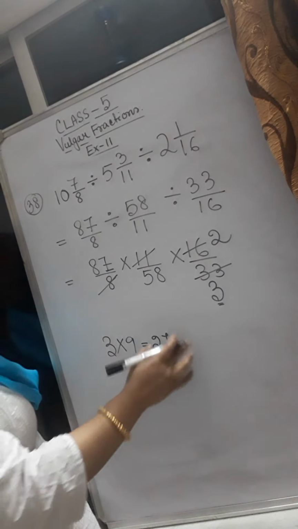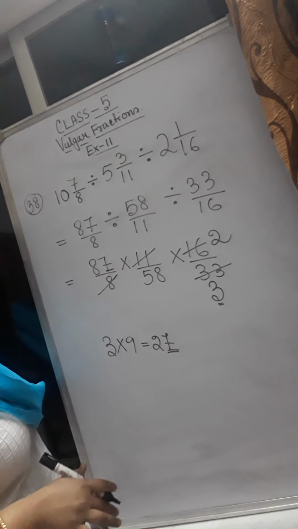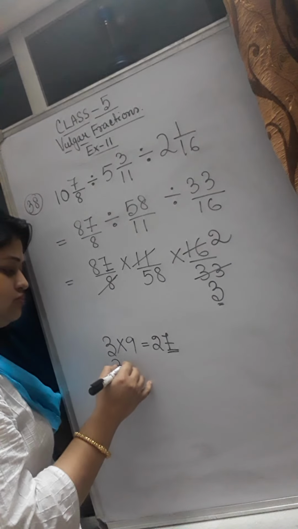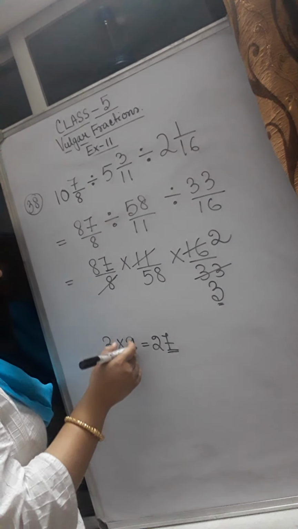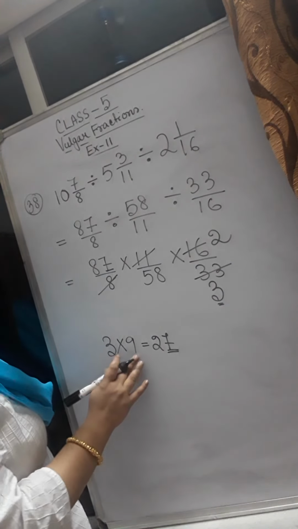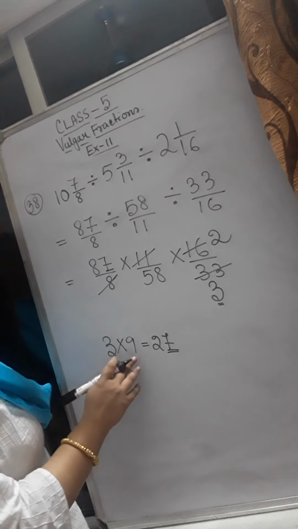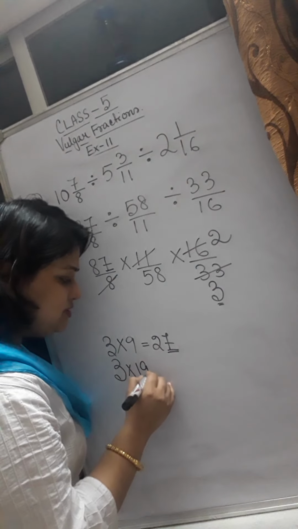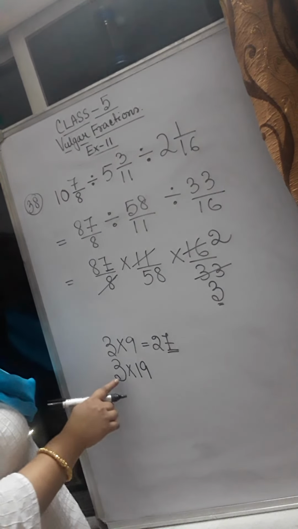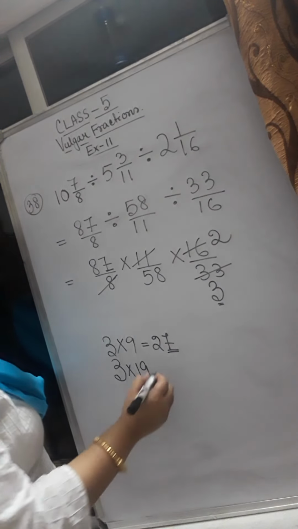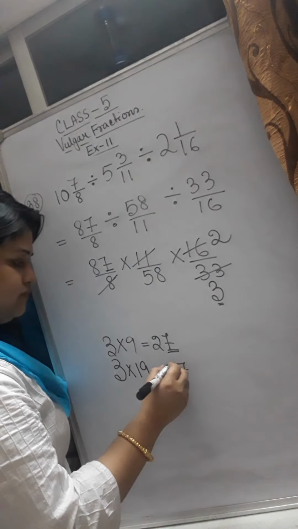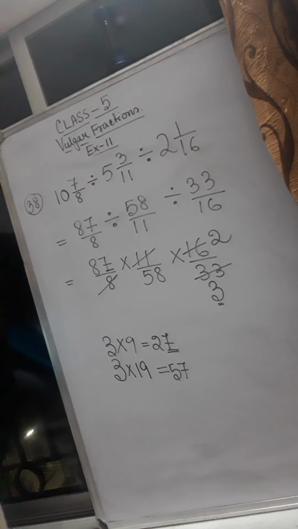But 3 into 9 gives me 27, it does not give me 87. So now I have to try multiplying 3 with higher numbers that have 9 at the end. The next higher number having 9 at the end is 19. Now try out 3 with 19. 3 9s are 27, 3 1s are 3. It gives me 57.